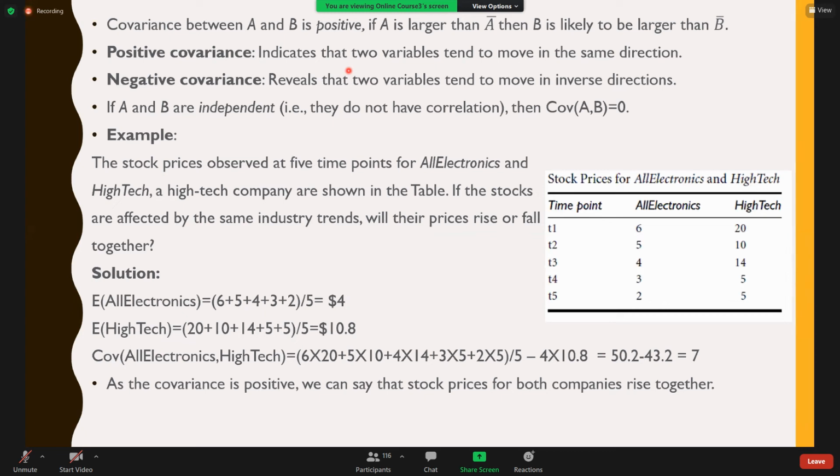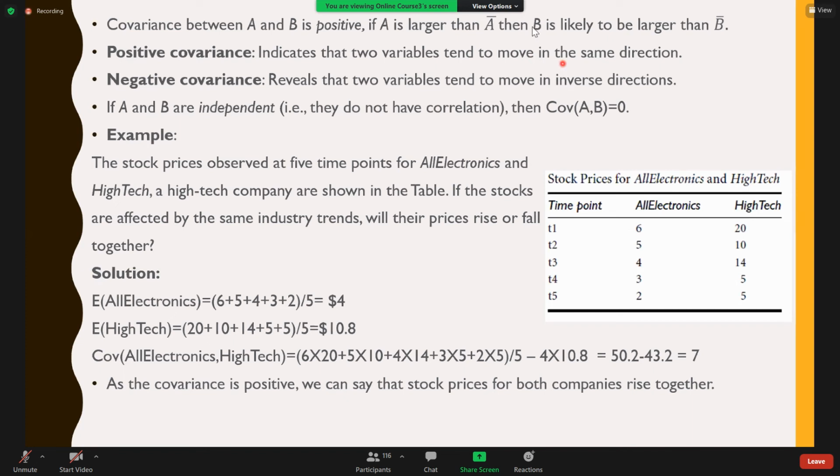If the value is negative, it reveals that both variables tend to move in inverse directions. And coming to the boundary of the values of covariance, it can be any value. It's not fixed like -1 to +1 in the case of the correlation coefficient. Covariance can be any value, -infinity to +infinity.